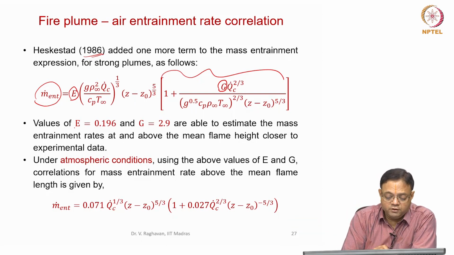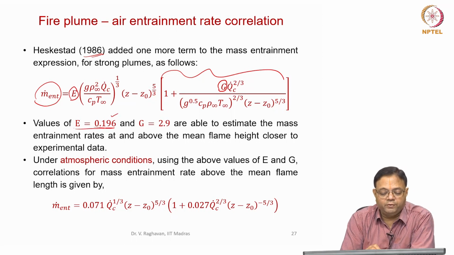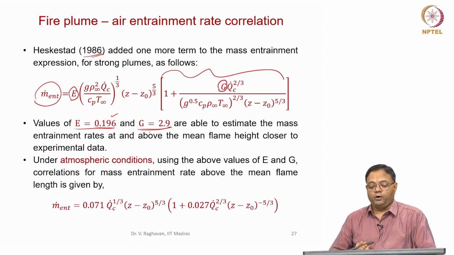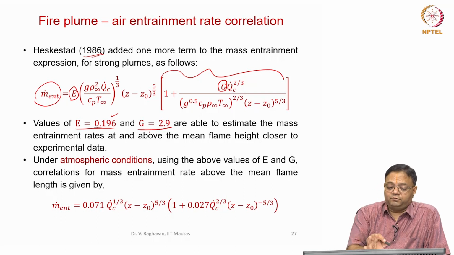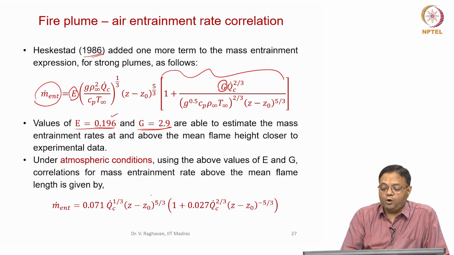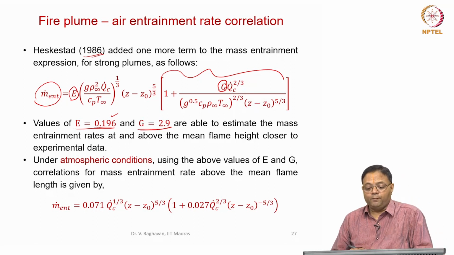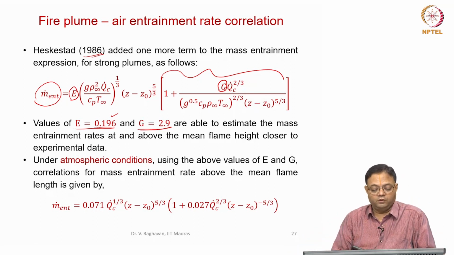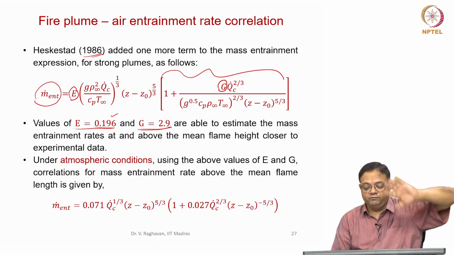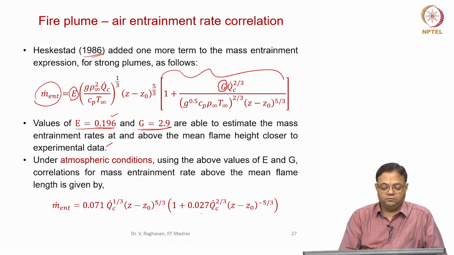When you do this curve fitting, E was suggested to have a value of 0.196 and G is 2.9, and this expression with these two values is able to estimate the mass entrainment rate at and above the mean flame height closer to the experimental data.